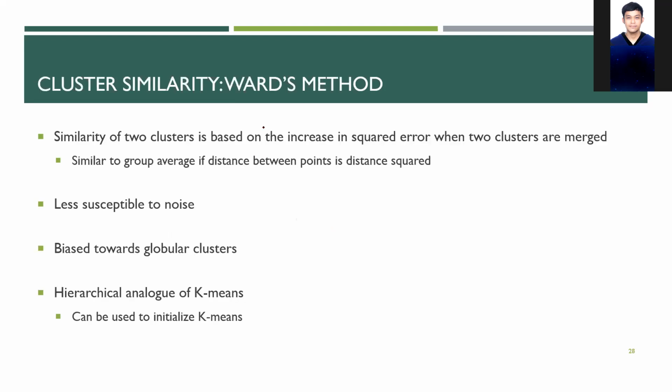Another example is using Ward's method. Ward's method is also similar to complete linkage. The similarity of the clusters is based on the increase in squared error when two clusters are merged. So we merge the clusters first and then calculate the increase in SSE.